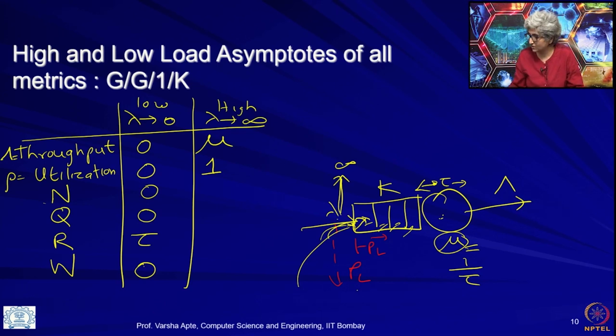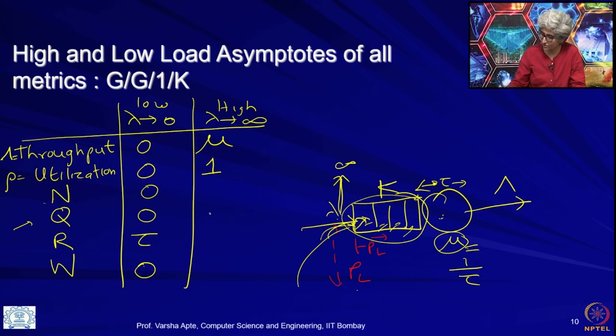Number in the system, now it is very interesting. We can actually start with Q, which is a little more intuitive. As lambda keeps going to infinity, with lots of requests coming into the system, what will be the asymptotic value for the number of customers in the queue? Obviously, the queue is just going to be full all the time.